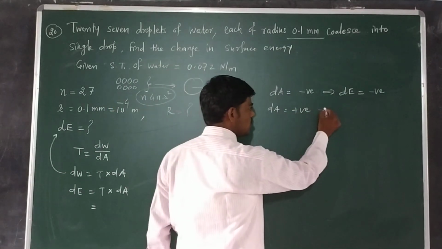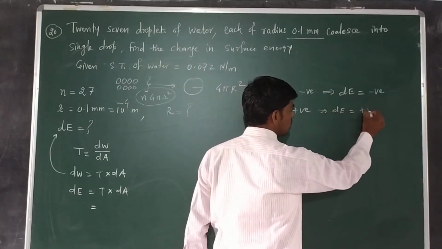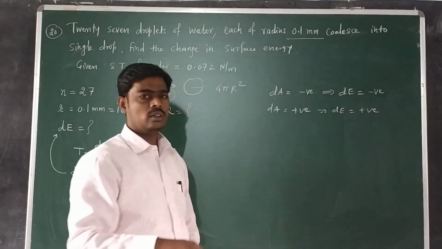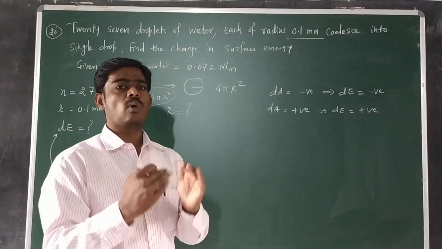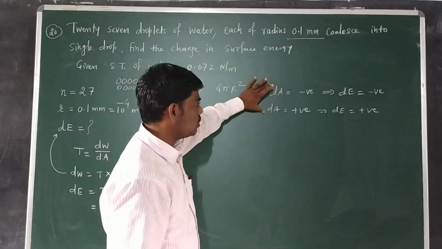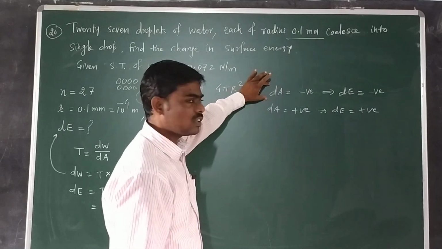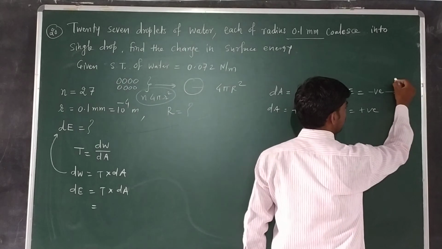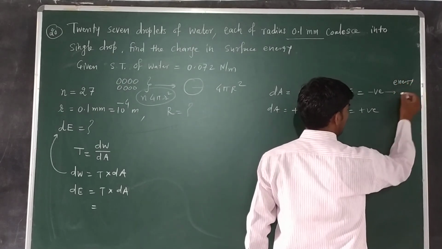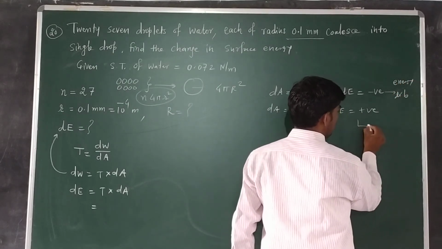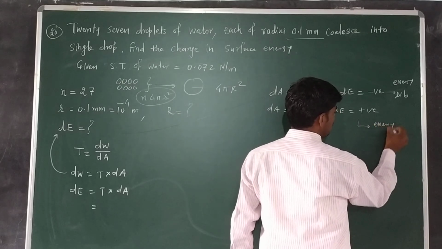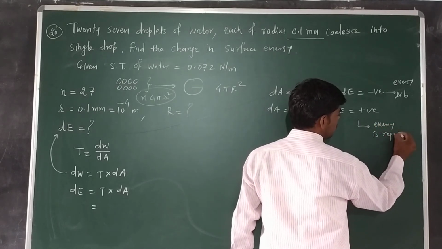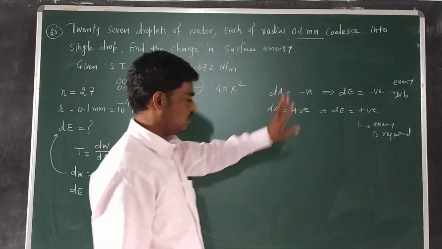That means the change in surface area becomes positive, and it indicates that energy is required. So remember these two steps. Here in the first step, energy is liberated, and here energy is required. That is the main difference.